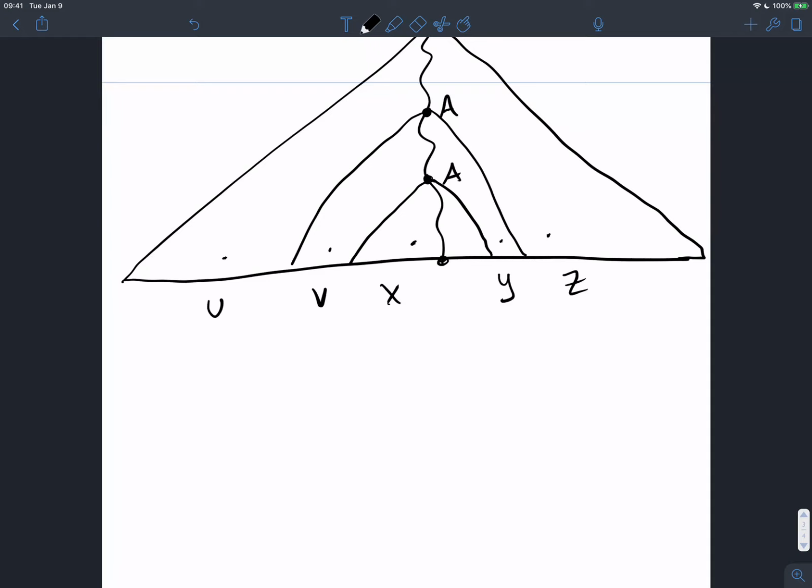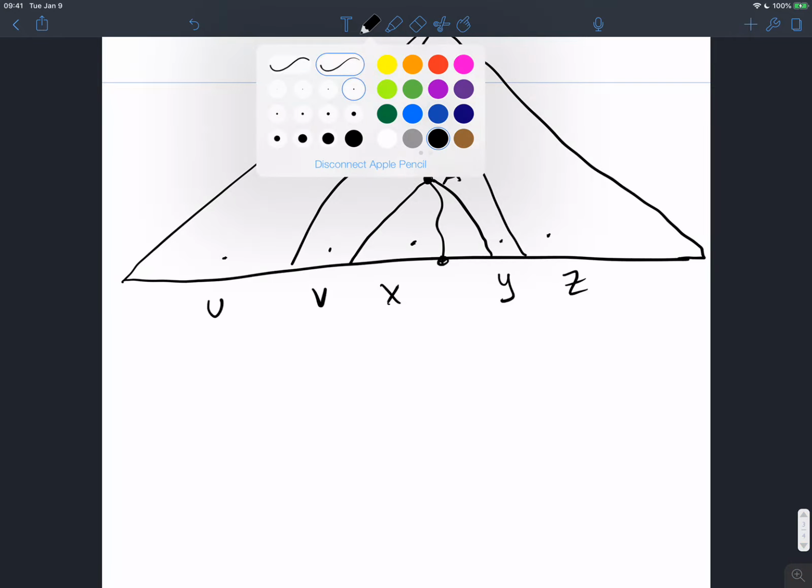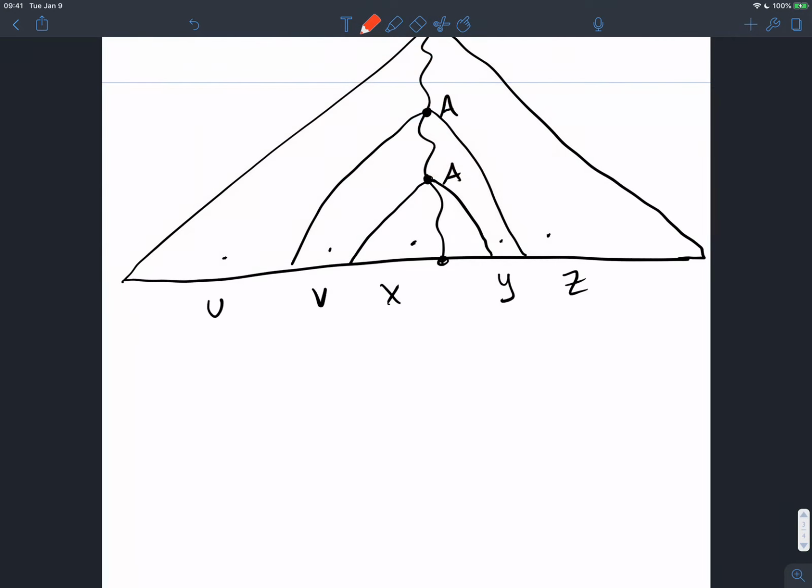So if I was mad enough, and I am, if I just copied this higher occurrence of A, and I just copied it down to where the second occurrence of A is, am I going to get another string? Yeah. Let's see what that even looks like. So if I copy this down, then I'm going to get this.